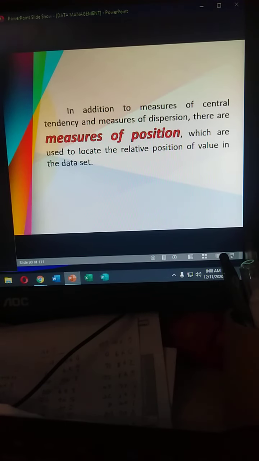Okay, kapag yung measures of central tendency, you are just getting the center of the data, and the measures of dispersion is the average, diba? Average of the variability. And dito naman sa relative position, we have to locate the relative position of a value in the data set. And tatlo ulit, sabi ko nga kanina, tatlo ulit ang pinag-uusapan dito.